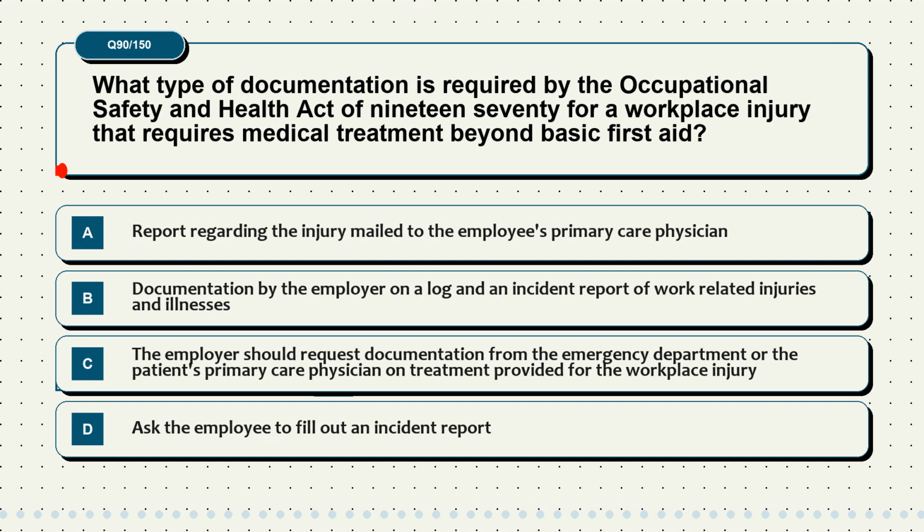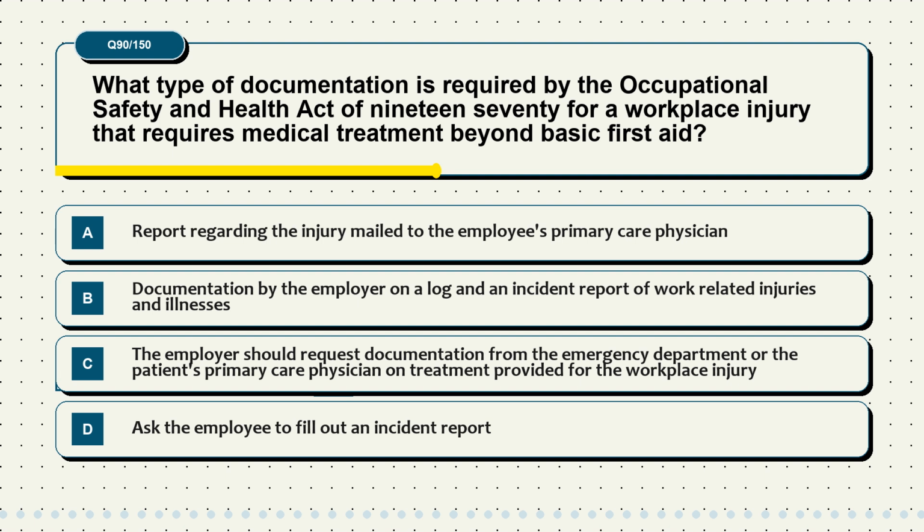Question 90. What type of documentation is required by the Occupational Safety and Health Act of 1970 for a workplace injury that requires medical treatment beyond basic first aid? Here are the options. Option A. Report regarding the injury mailed to the employee's primary care physician.